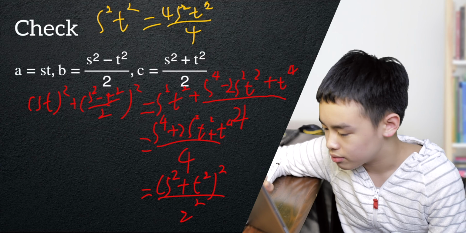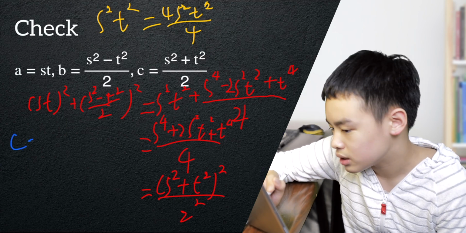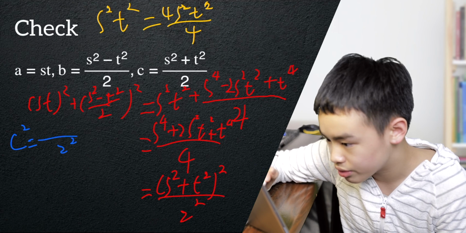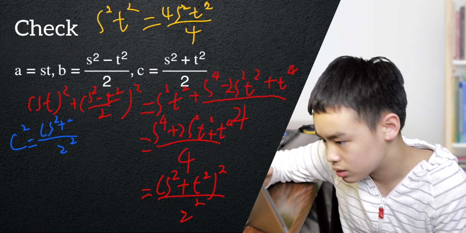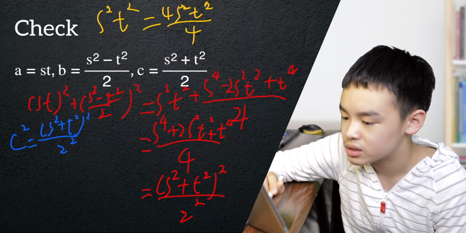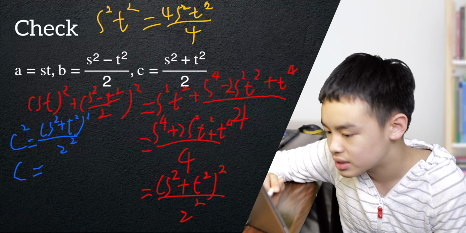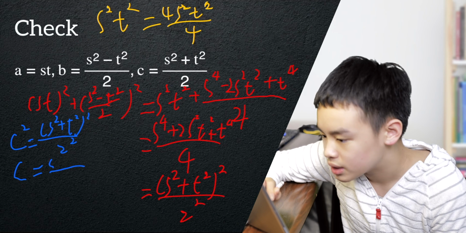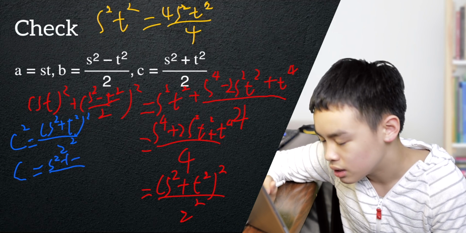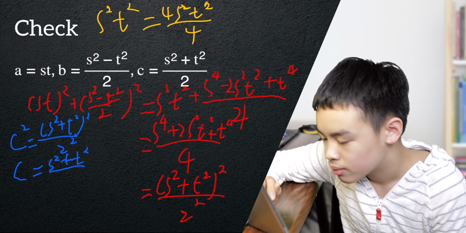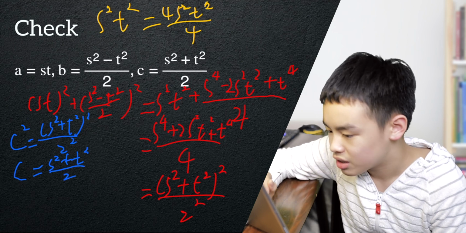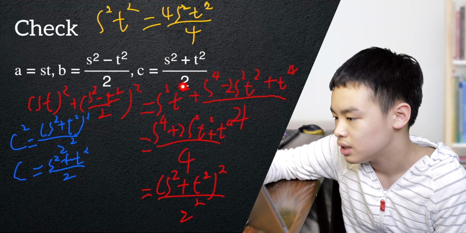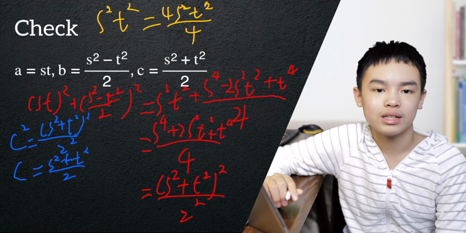We're actually going to write it again: C squared equals ((S squared plus T squared) over 2) squared. If we take the square root of each side, we get C equals (S squared plus T squared) over 2. And this is the same as this. So it is proven to be correct.